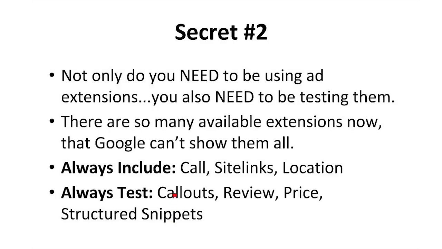In general, you should always include call extensions, Sitelink extensions, and if you have a business that people go to, then you would include your location extension as an address. The extensions you would want to test are callouts, review, price, and structured snippets.